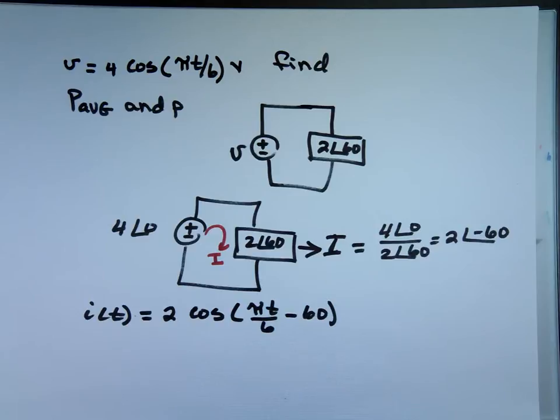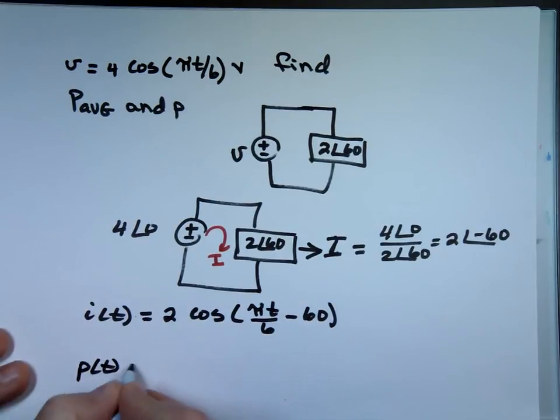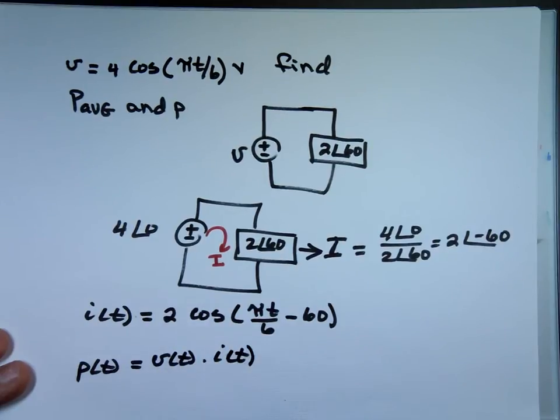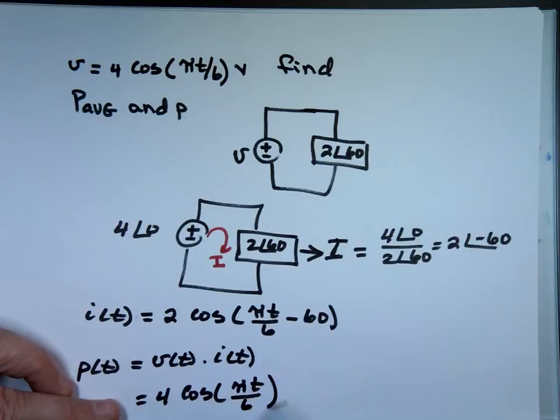Now, can we get the instantaneous power? It's V times I. We know what V is, which is what? 4 cosine pi t over 6 times 2 cosine pi t over 6 minus 60.